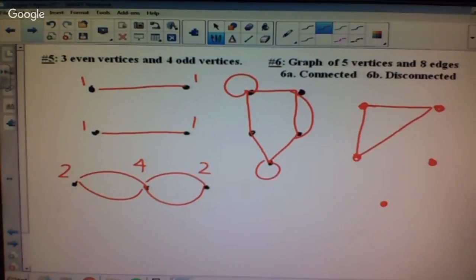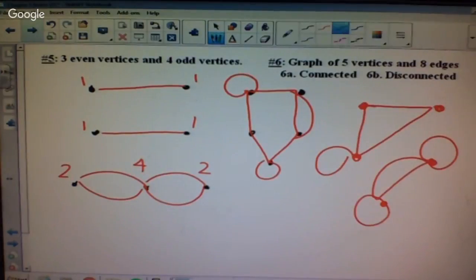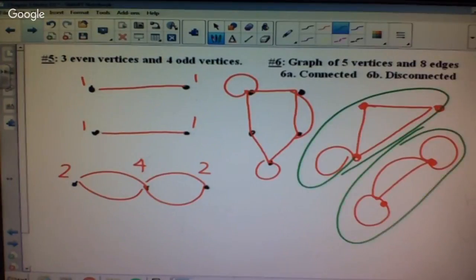Now we're just going to keep this piece separate from that piece. So there's 3, here's 4. I can do a loop, that's 5. I can do a loop down here, that's 6. I can do a multiple edge, that's 7. I can do a loop up here, that's 8. But I still have 2 components. I've got this piece of it and this piece of it, which makes it disconnected.